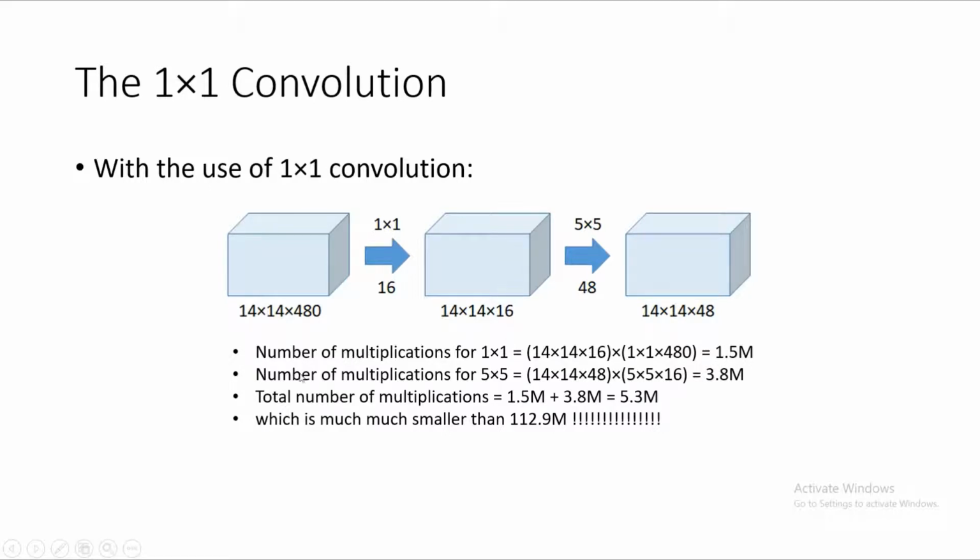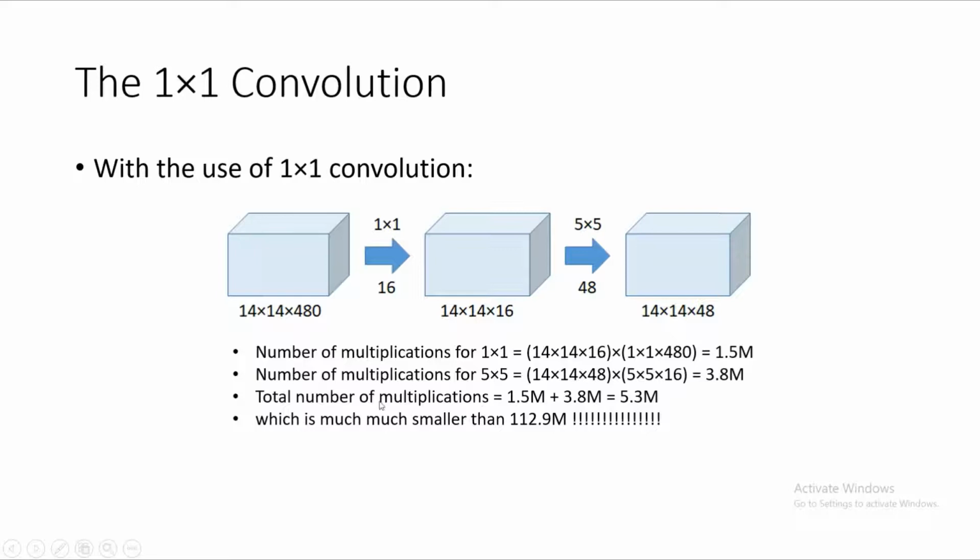And in the second step with 5 by 5, similarly we get 3.8 million multiplications, and the total number of multiplications required is 5.3 million.